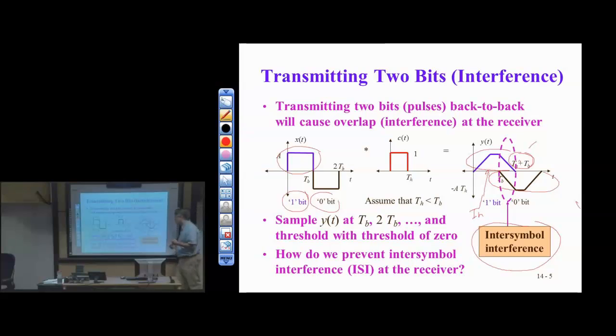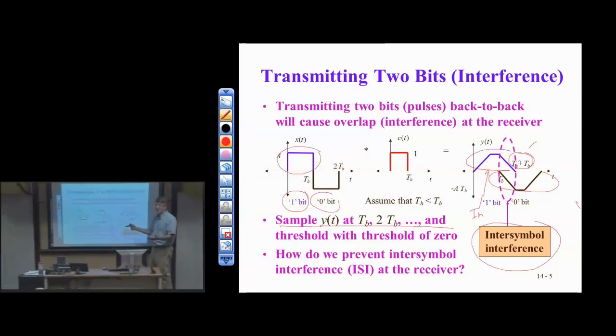So how do we deal with that in practice? I have a couple of ways to decode this. One is I can sample at what I hope is the plateau, either the peak or the valley, or I can average over one symbol duration. The idea of sampling to hit the peak or the valley is fine when there's no noise.